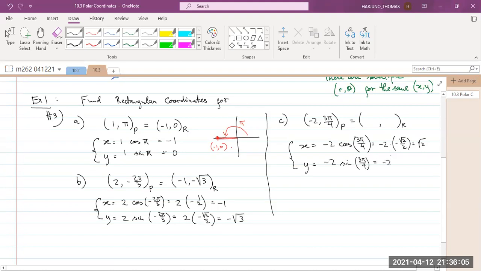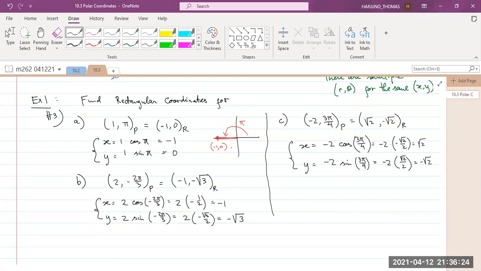Oh, by the way, this also implies you need to memorize those special angles. Okay? You need to memorize those special angles. So this is radical 2, negative radical 2. What do I mean by special angles?